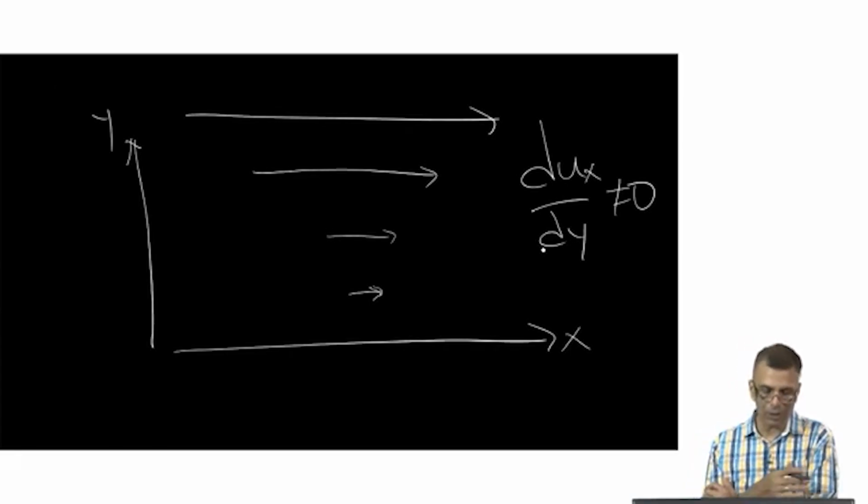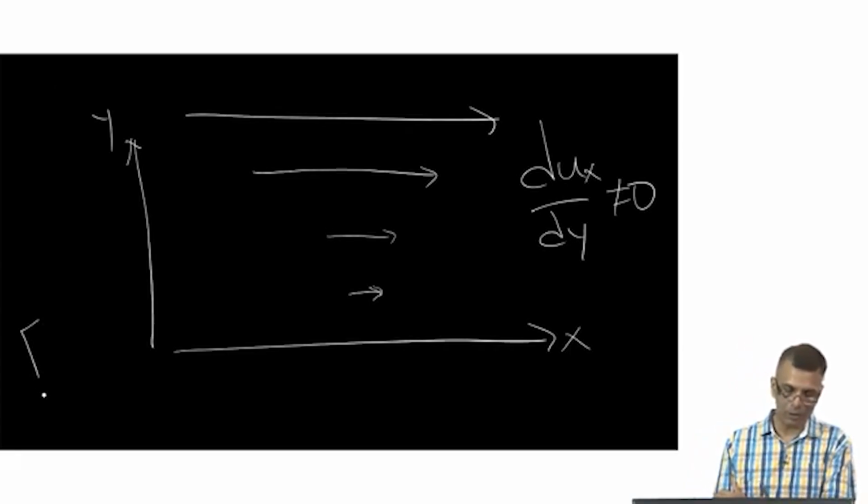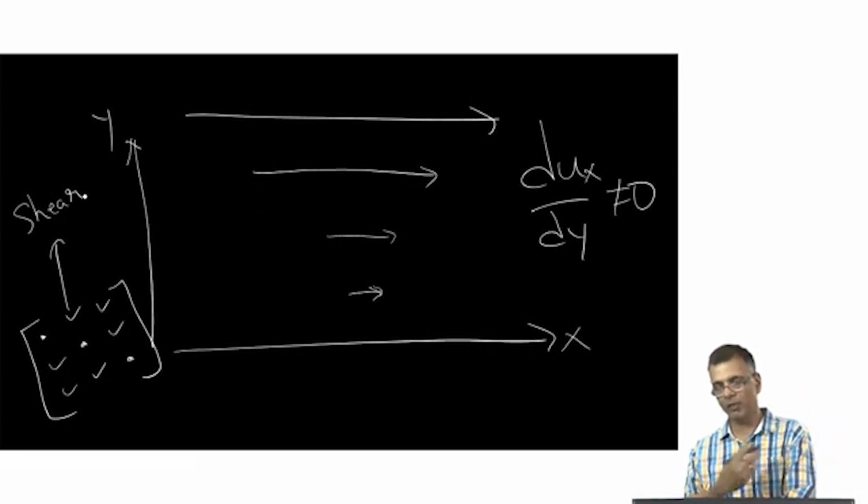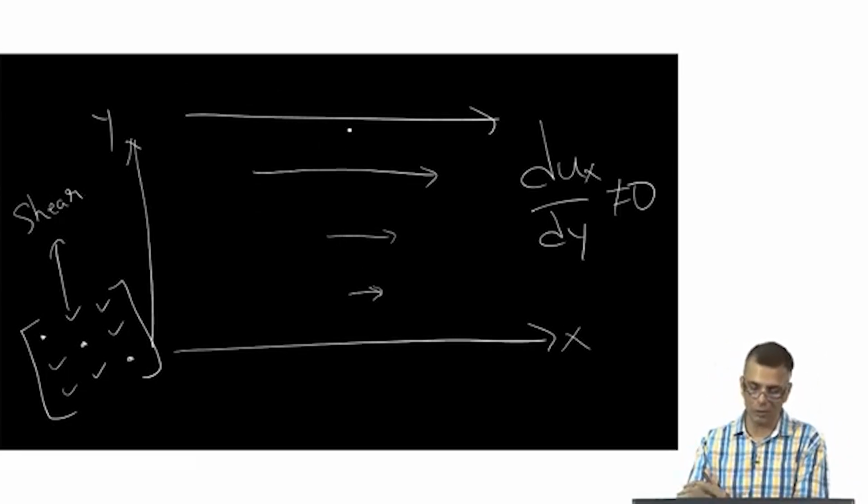The diagonal elements would be Pxx, Pyy, Pzz, and the off diagonal elements, the other ones, represent shear. No shear, no point in thinking about viscosity.